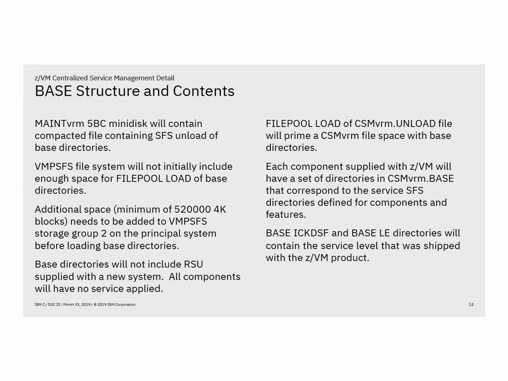So one of the things you have to do very early on before you even initialize CSM is you need to make sure that your VMP SFS file pool has at least a minimum amount of storage in storage group 2 to hold the base directory. You'll need much more than that, so it makes sense, when you're adding space, to add at least 3 mod 9s to storage group 2. That's enough to cover the base and several service levels that you might create.